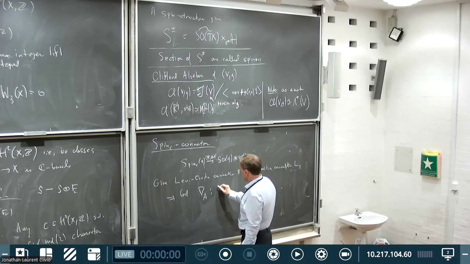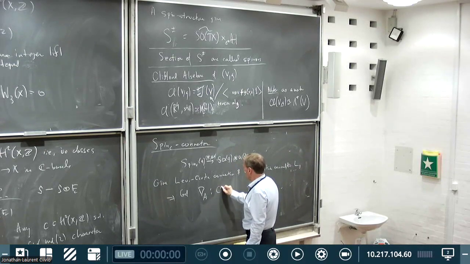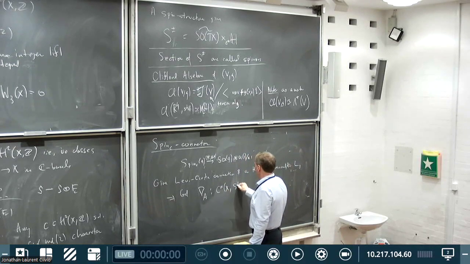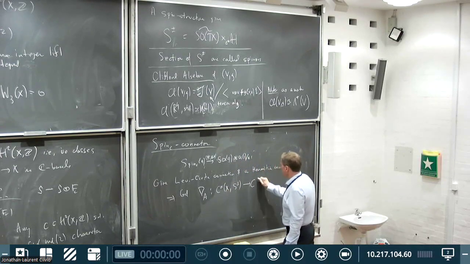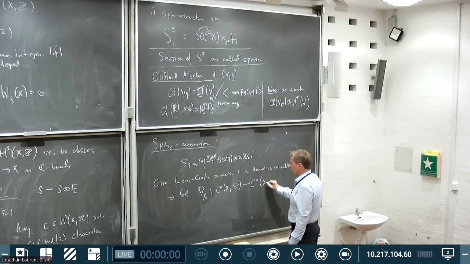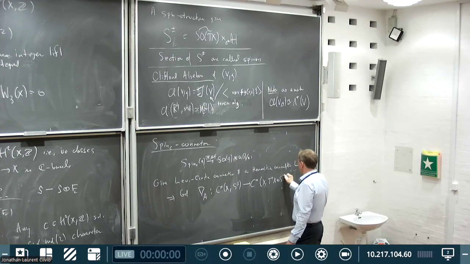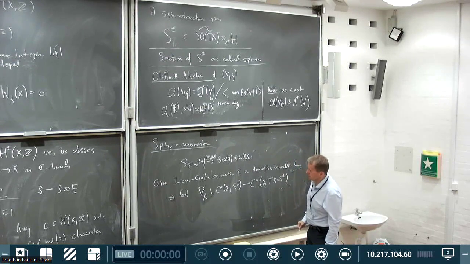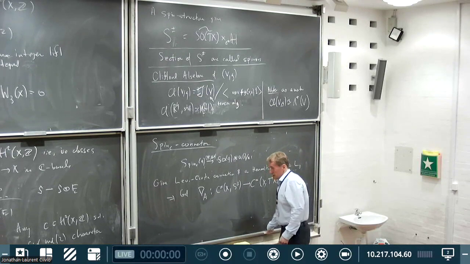It's going to take a section of S plus and minus and give you a section of S plus and minus tensor the cotangent bundle. Okay, great.